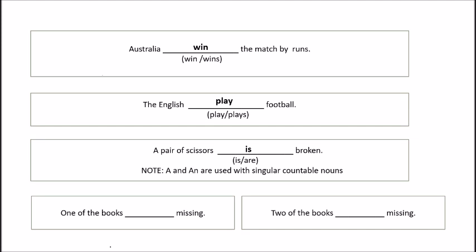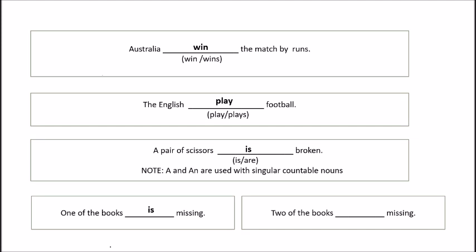Here one and books are two subjects. One is singular. It is also a noun. Books is a noun which is plural. Eliminate it. What is left over? One. Singular noun. So the blank must be filled with a singular verb. The answer is: one of the books is missing.